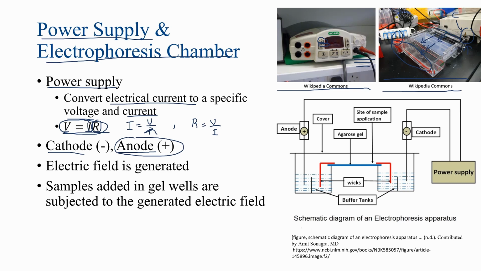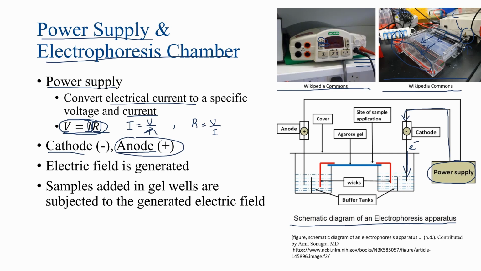Importantly, the figure that you see at the bottom is a schematic diagram of an electrophoresis apparatus. You can see that you have the power supply here. It connects with the cathode. This is where the electrons will leave the cathode and enter into your gel electrophoresis buffer.